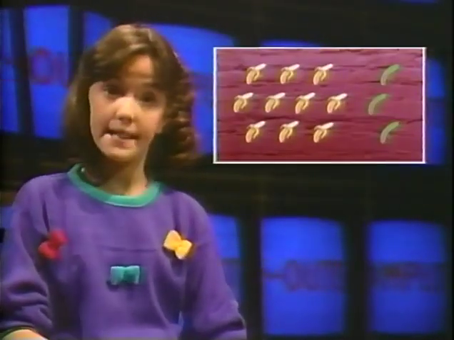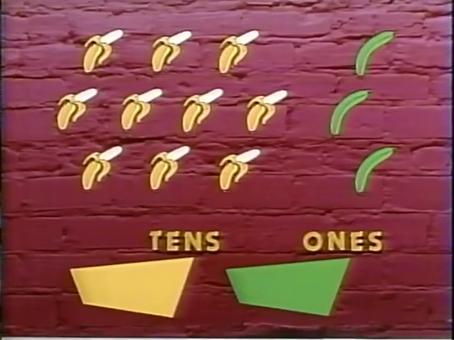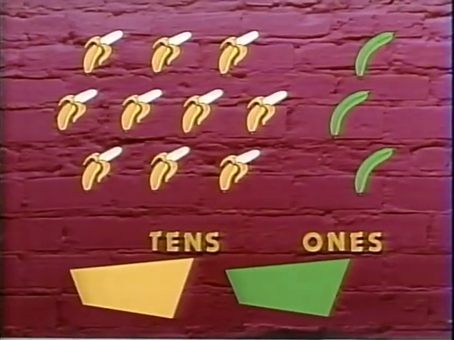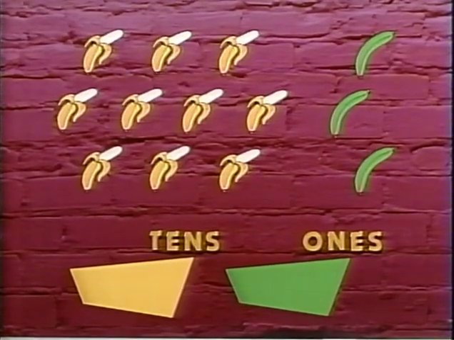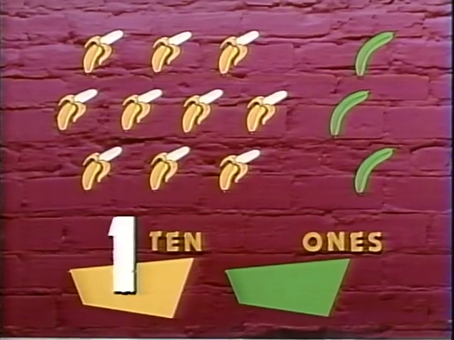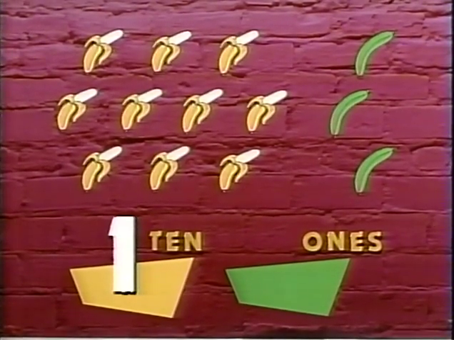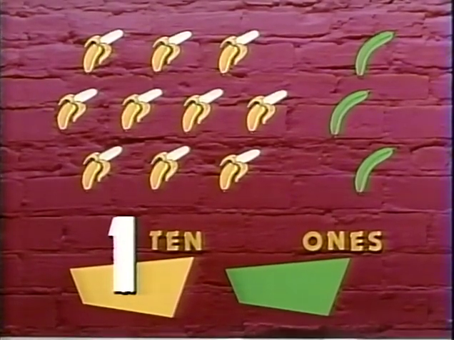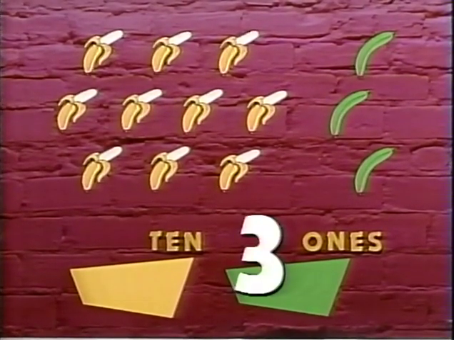Here are some bananas. How many tens are there? One. There is one set of 10 bananas, or 1 ten. How many ones are there? Three.